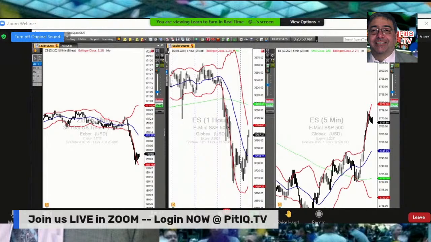So we had a very nice comeback here from yesterday's low to where we're at. So we'll see what the day brings. Again, we had the GDP numbers that came out already. And let me see if we got anything else coming out this morning.